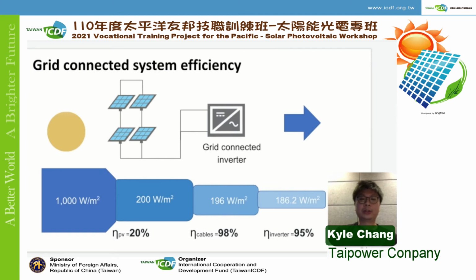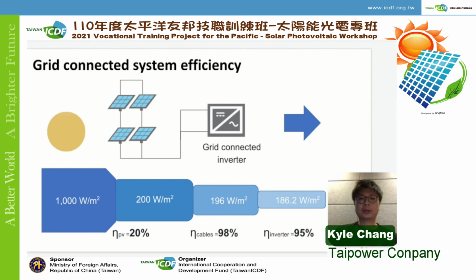And assuming no losses at the distribution panel and no dissipation in the cable, we get that our PV system output is 186.2 watt per meter squared.